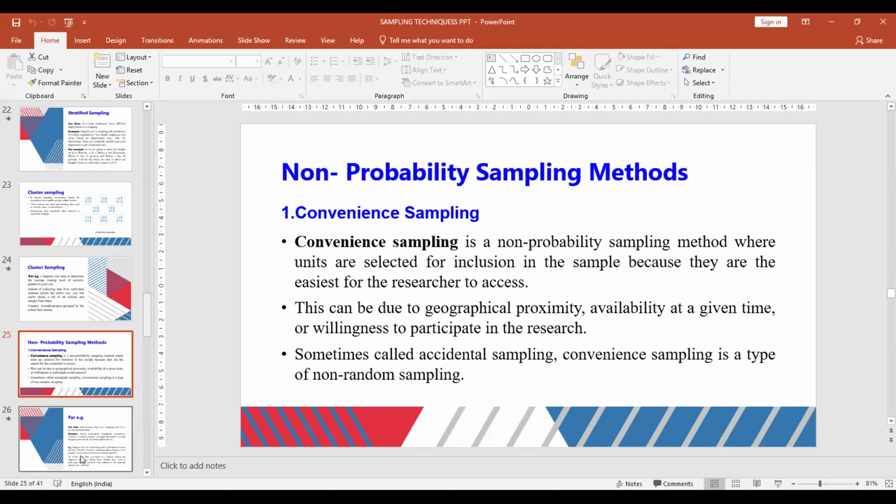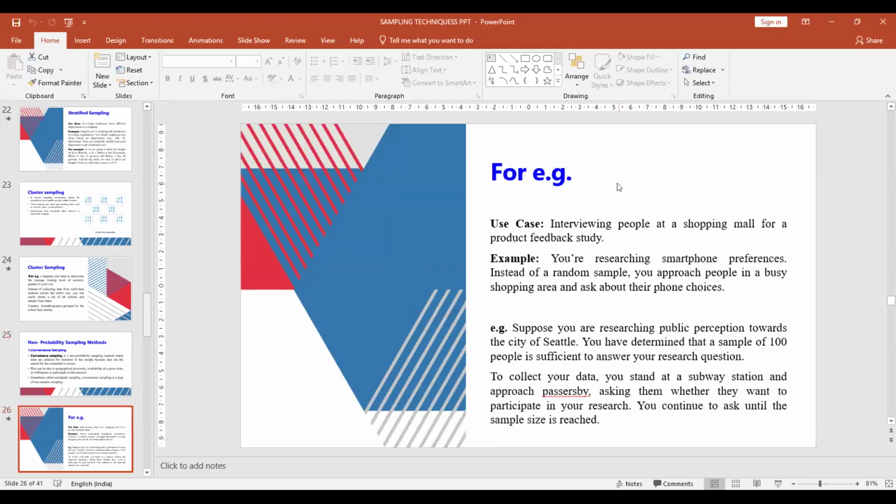For example, maybe interviewing the people at a shopping mall for feedback on a product. You are researching a particular smartphone. Instead of a random sample, you approach people in the shopping area and ask about their phone choice.